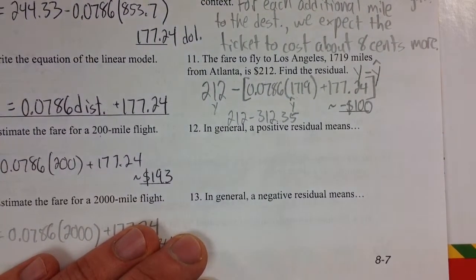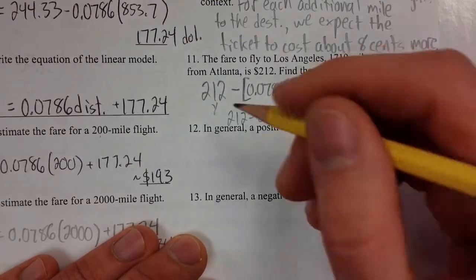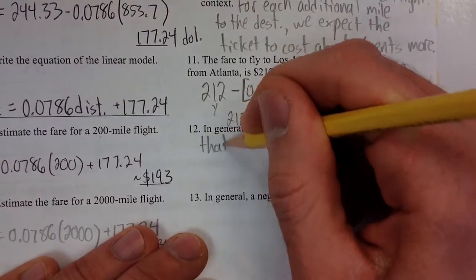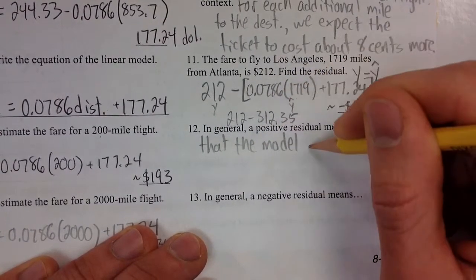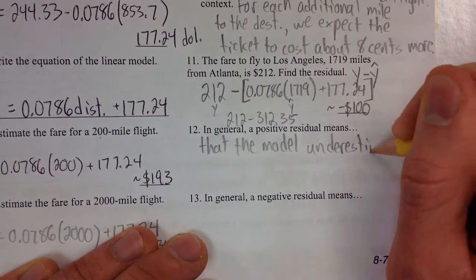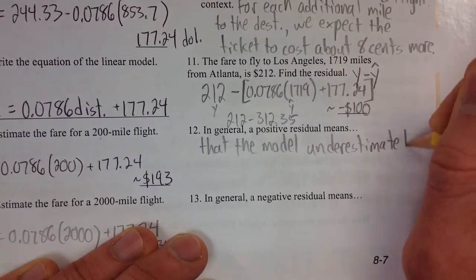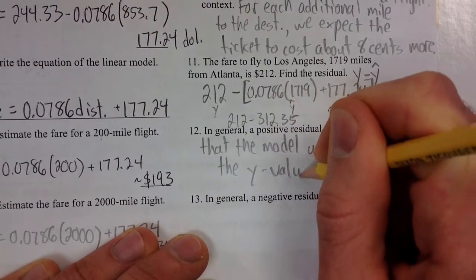Okay, Paul, in general, what do you think a positive residual means? I guess that means that the model underestimated the value of the question. Yes. A positive residual means that the model underestimated the y value. Think about it.